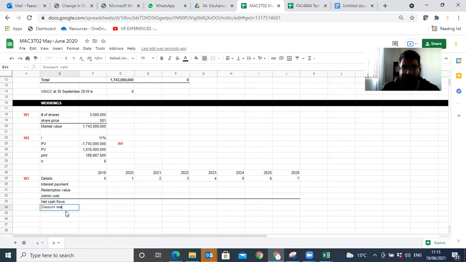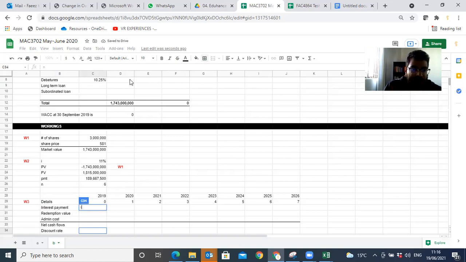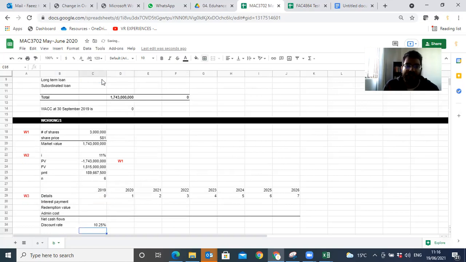In a financing decision, the discount rate is the cost of finance. Okay, so the market rate cost of finance. In this case, the market rate cost of finance was given to us as the prime lending rate, which is 10.25. So distinguish between a financing decision and an investment decision. For the financing decision, your discount rate is the cost of finance relating to that source of finance.